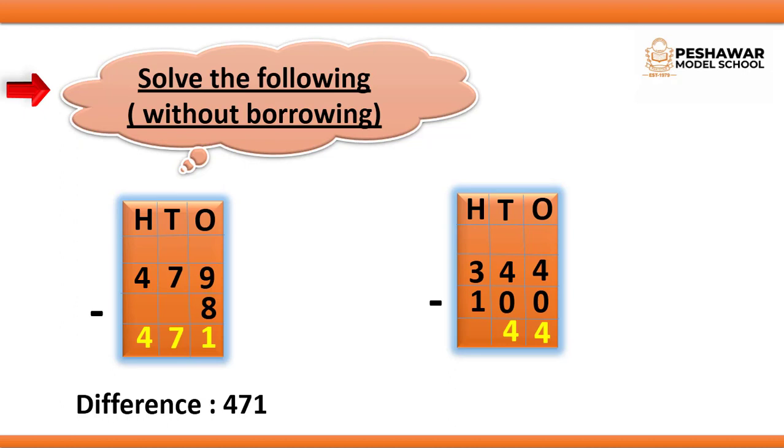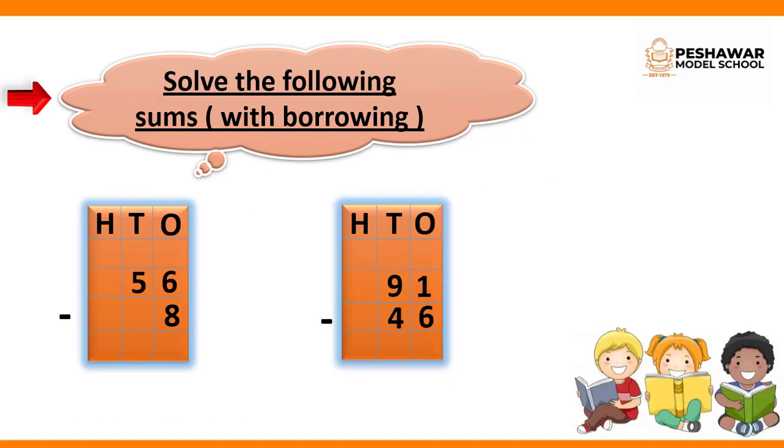Here we have 3 and 1 in the hundreds place, so 3 minus 1 equals 2. So we get 244. That is, by subtracting 100 from 344 we get 244 as a difference.